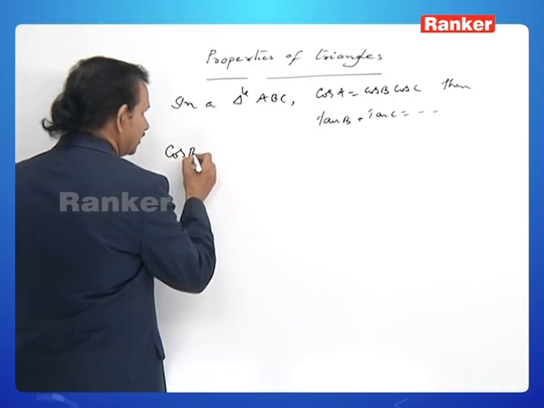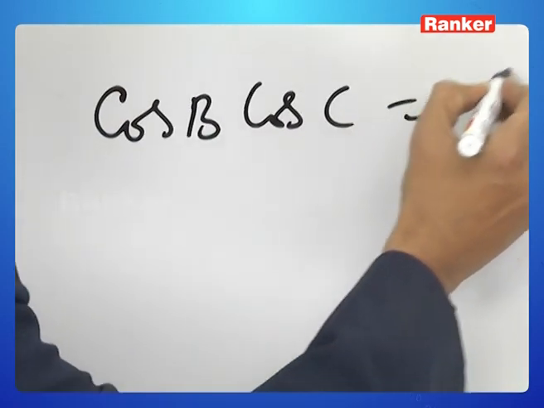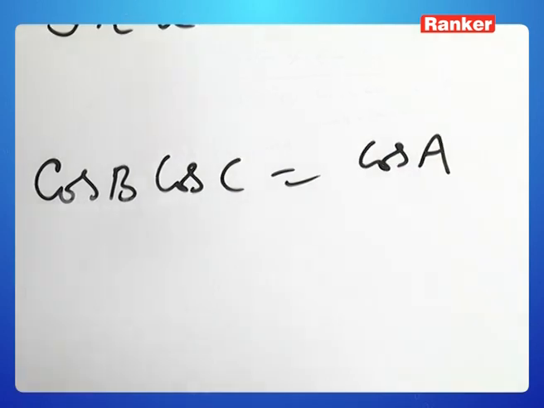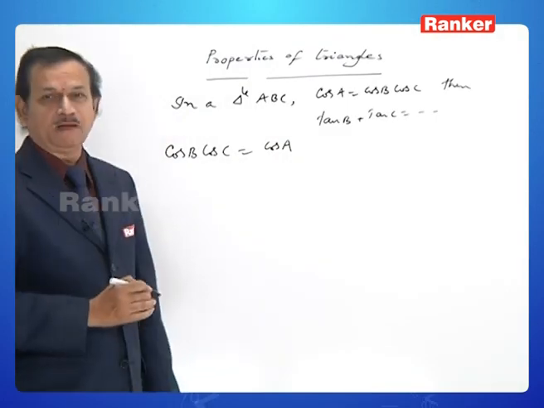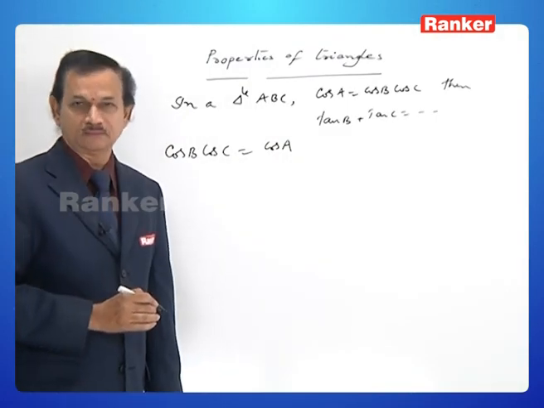Cos B cos C is equal to cos A. But you see, A plus B plus C is equal to 180.